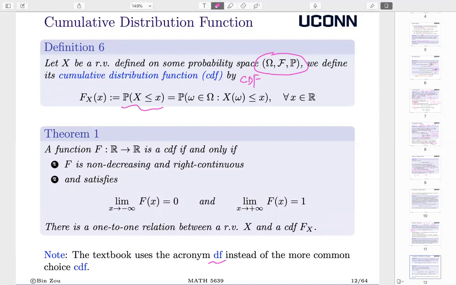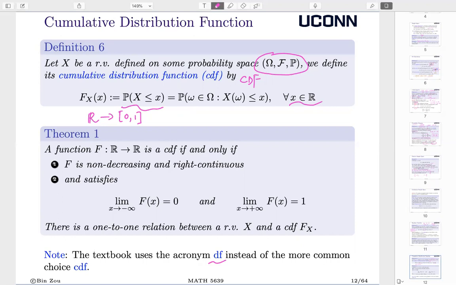This is a standard function, meaning it maps from the real numbers to 0, 1, because it's a probability of something. It's always between 0 and 1. And here your x is a real number because we talk about the possible values of the random variable. So we do not care about the scenario part.